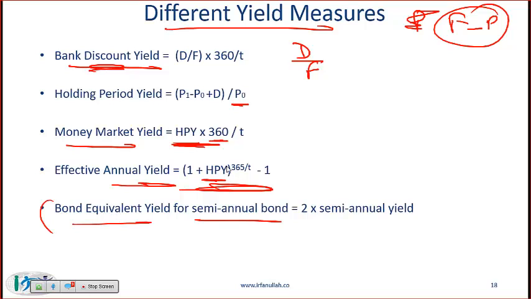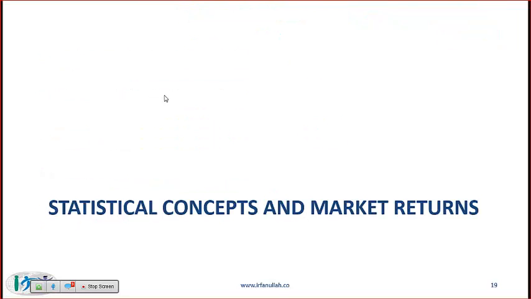If you are given the money market yield, let's say the money market yield is 5%, and you are given that it's, let's say, a 180-day instrument, then can you calculate the holding period yield? You can. If you know the holding period yield, then let's say that you need to come up with the bank discount yield.